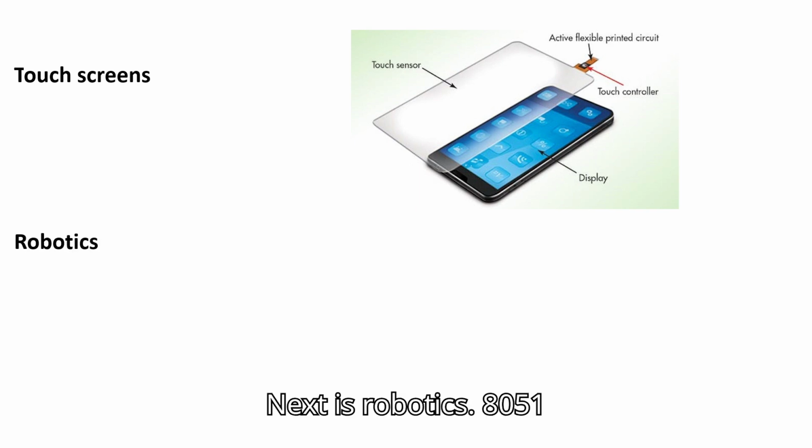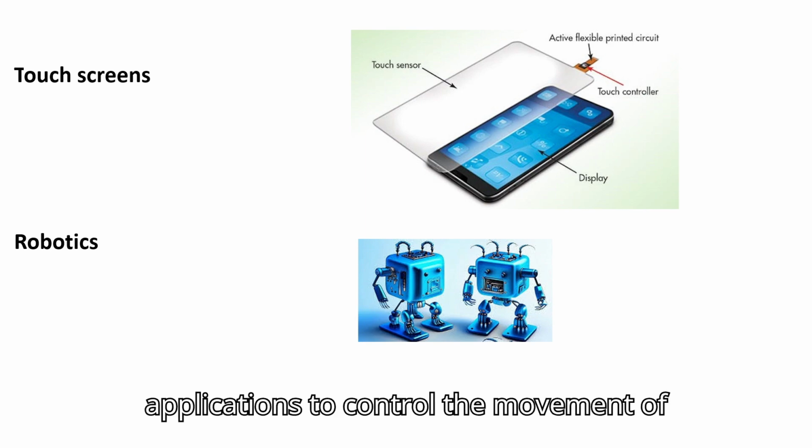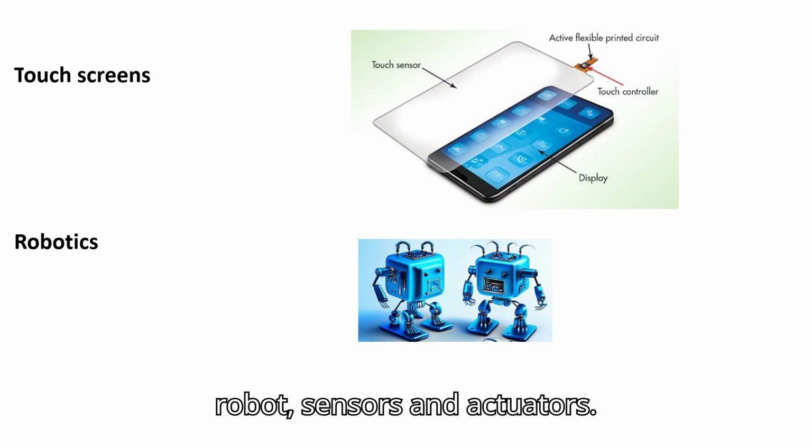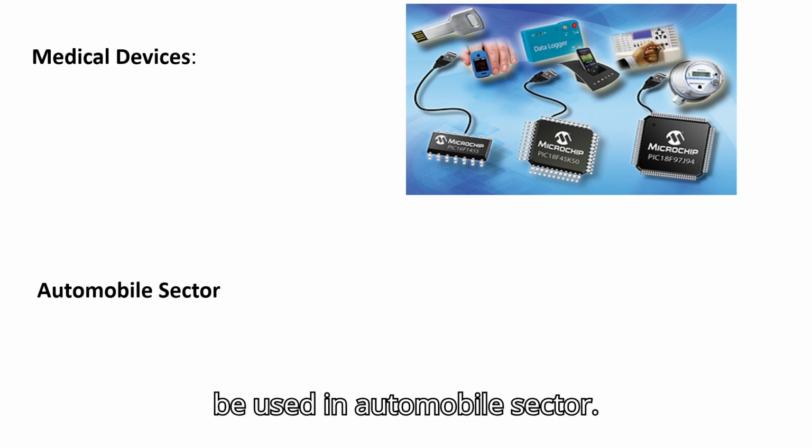Next is robotics. 8051 microcontroller is used in robotic applications to control the movement of robots, sensors and actuators. Microcontroller is used in various medical devices such as glucose and blood pressure measurement machines for monitoring and measuring the exact result in a real-time computational environment. It can be used in the automobile sector.